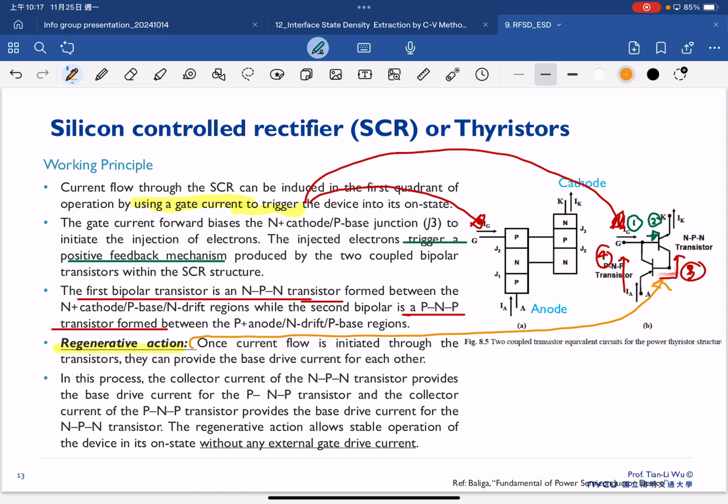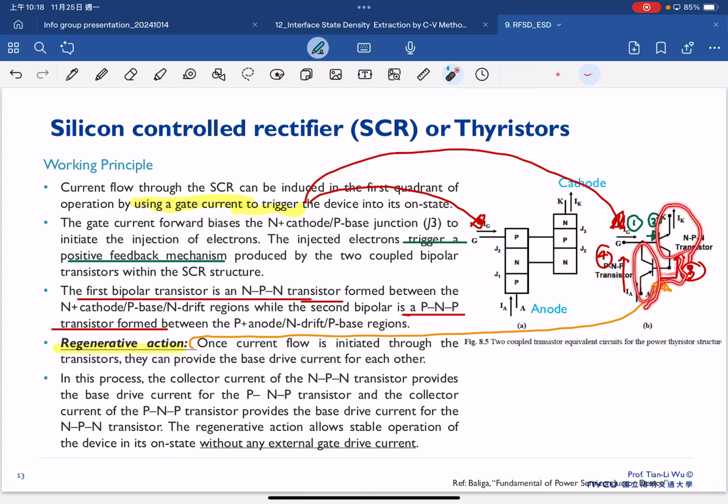So regenerative action is exactly the phenomenon that we explain here. Once the current flow is initiated through the transistor, they can provide the base driving current for each other. So once this ampere is turned on, this ampere provides the base current for this one. So this will turn on again.